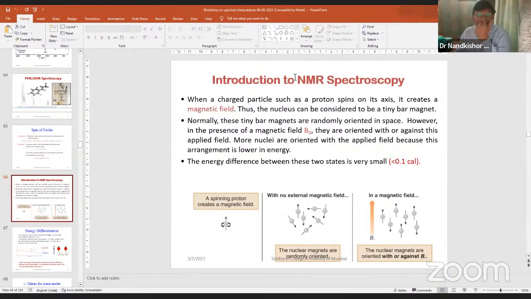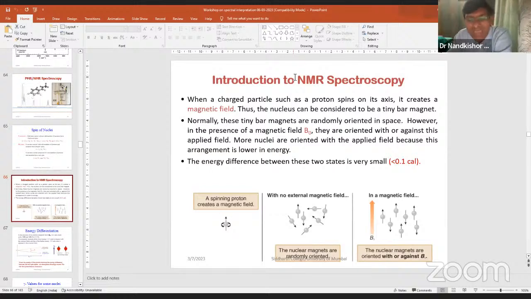So what exactly is nuclear magnetic resonance, which we call NMR spectroscopy? As I told you, nuclei having half-integral spin, I equal to half, are considered to be a bar magnet when they spin on their own axis. When such nuclei, like proton, C13, fluorine 19 and phosphorus 31, spin on their own axis at a certain RPM, they produce a magnetic field, which we call an induced magnetic field.